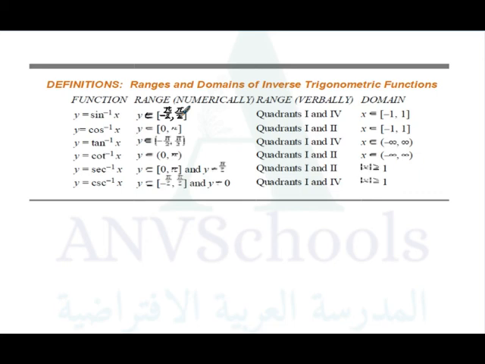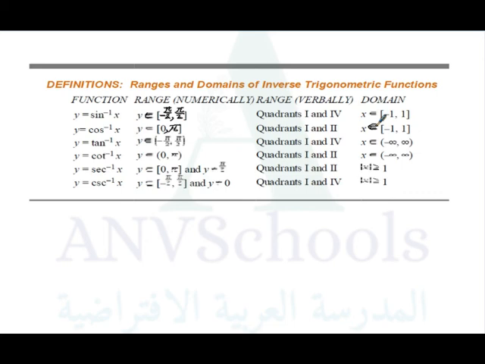And it lies in quadrants 1 and 4, and the domain is x an element of negative 1 to 1. For the inverse cosine, the range would be from 0 to pi, inclusive of 0 and pi, lying in quadrants 1 and 2, and same domain as sine.